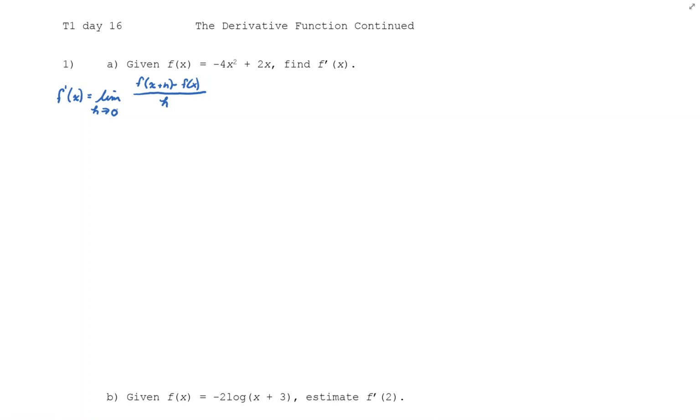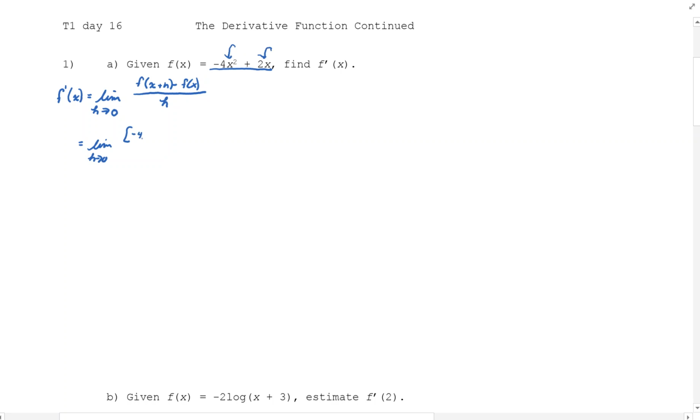So instead of saying f prime at 3 or f prime at 1, and plugging in the 1 where these x's are, or whatever value we're asked for, we're going to find this limit at f prime at any value x. So we're going to continue to have the limit as h approaches 0, but wherever I've got an x, I'm going to plug in x plus h.